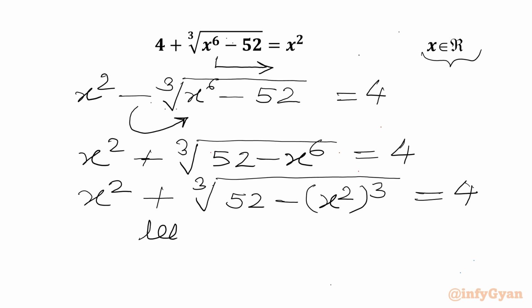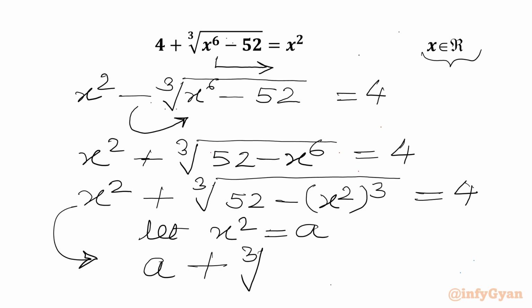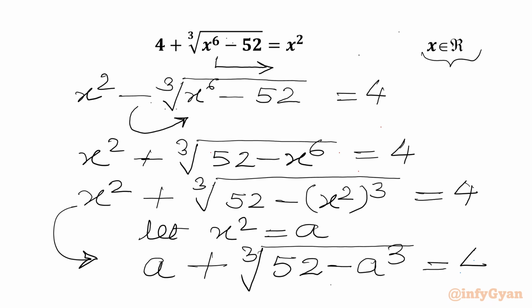Now we can assume x square equal to a. So our equation will be in variable a. I will write a plus cube root of 52 minus a cube equal to 4.